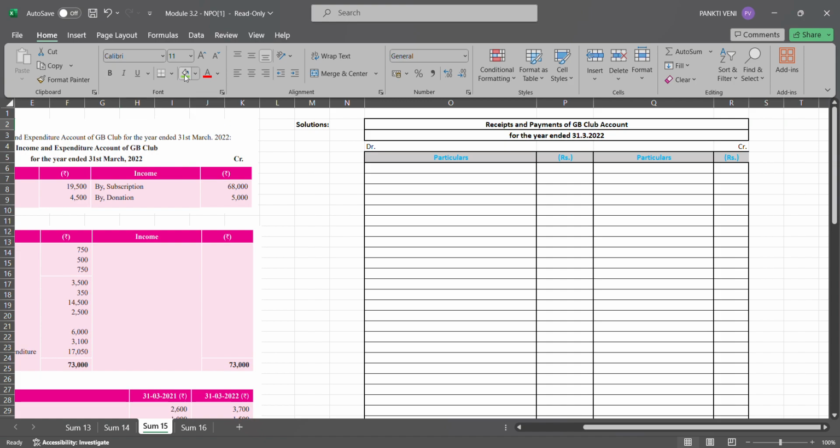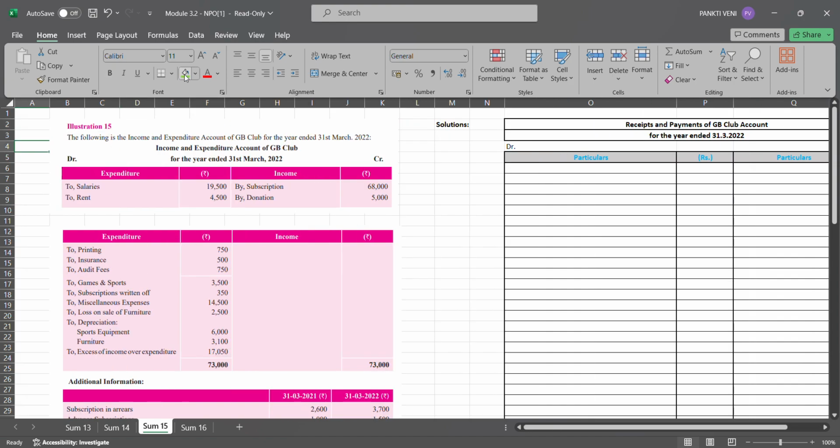Sum number 15. Okay, in this question we are supposed to prepare receipts and payment. So what is receipts and payment?